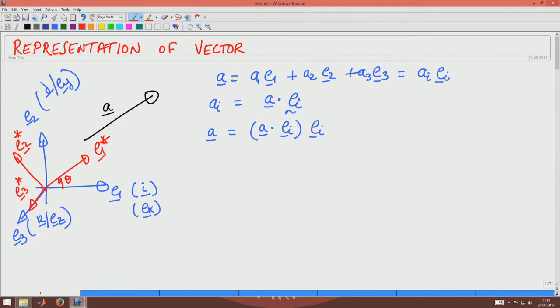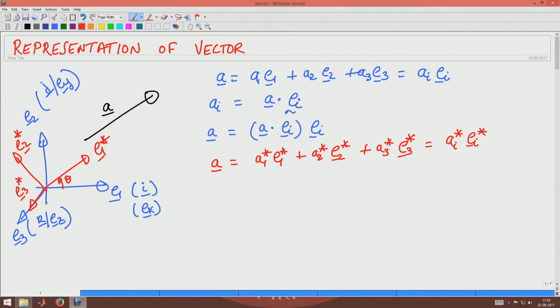Okay. So basically now he wants to represent the same vector A using the basis vectors E1 star, E2 star, E3 star. Then what will A be? A in this red basis would be A1 star E1 star plus A2 star E2 star plus A3 star E3 star, or in short form Ai star Ei star.